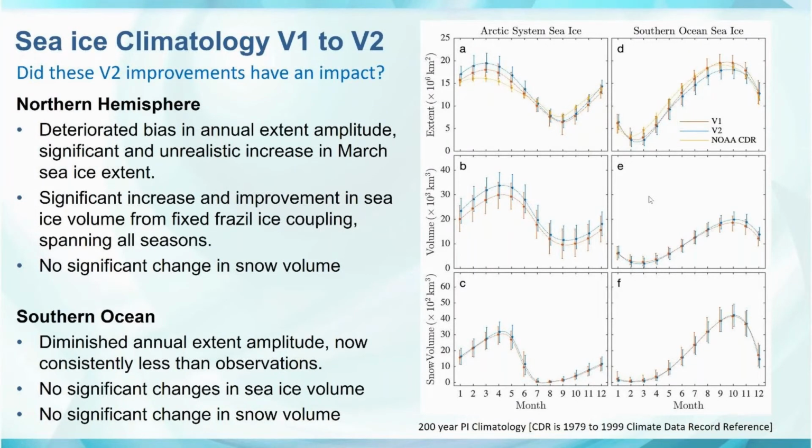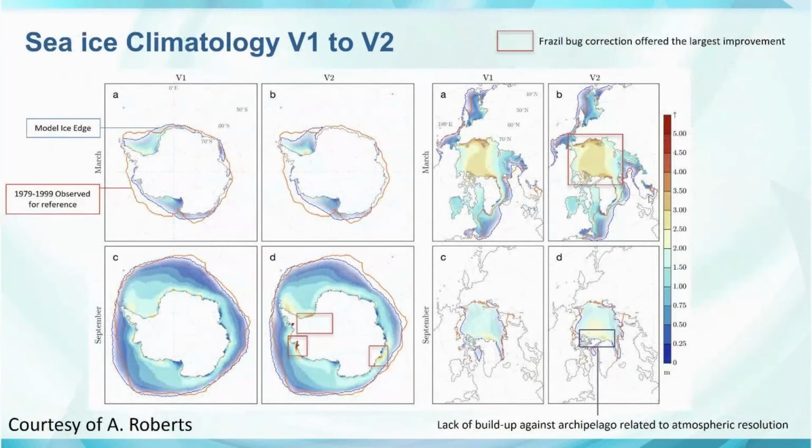Here's some climatological maps highlighting in particular here. Andrew has put in some boxes to show where the frazzle fixes have made a significant difference. So note here along the coast of Antarctica in particular, where it's often not appreciated that there are these thick regions of sea ice that are not well simulated that we're starting to pick up.